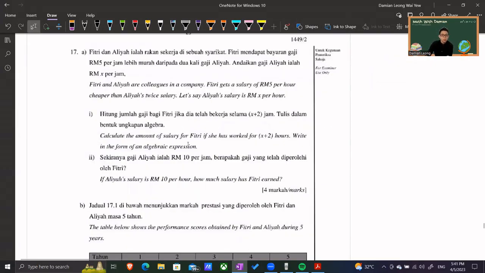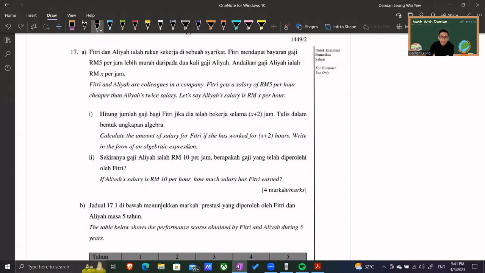Question 17, part A. Fitri and Alia are colleagues in a company. Fitri gets a salary of 5 ringgit per hour cheaper than Alia's twice salary. Cheaper than double of her salary. So Alia's salary is x ringgit per hour.